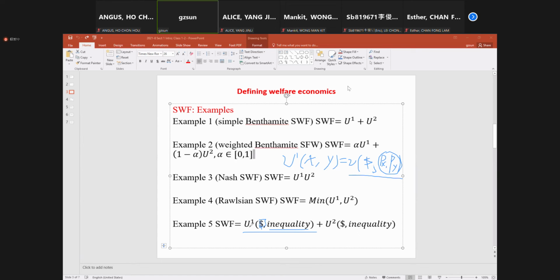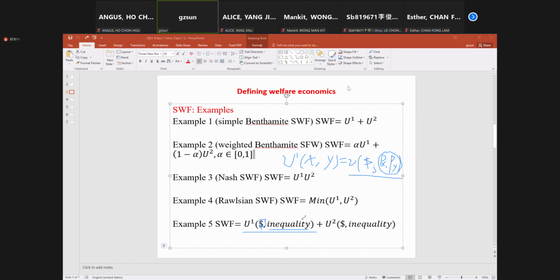So therefore, another way to formulate social welfare is at the individual level, we change the utility in a way that reflects reality. We care not only about our own consumption, but also about inequality.